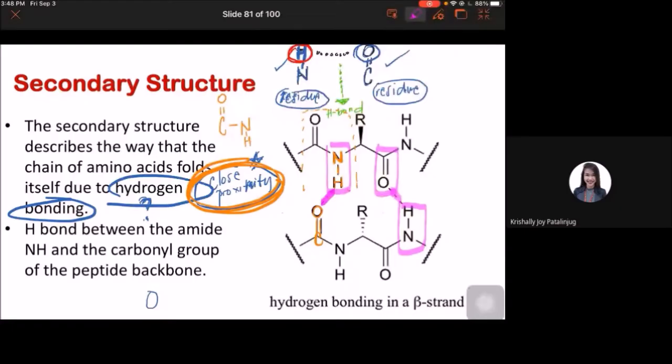That is the reason for the attraction, forming hydrogen bonds due to close proximity.